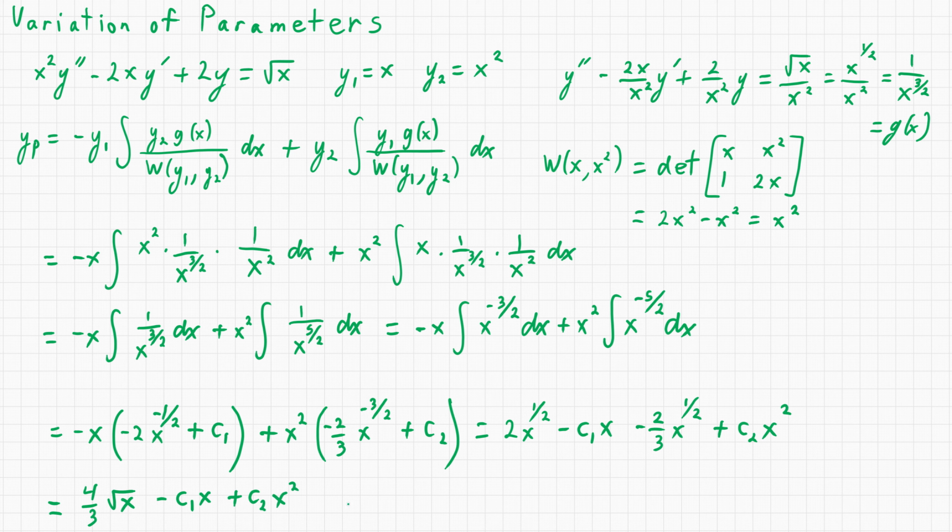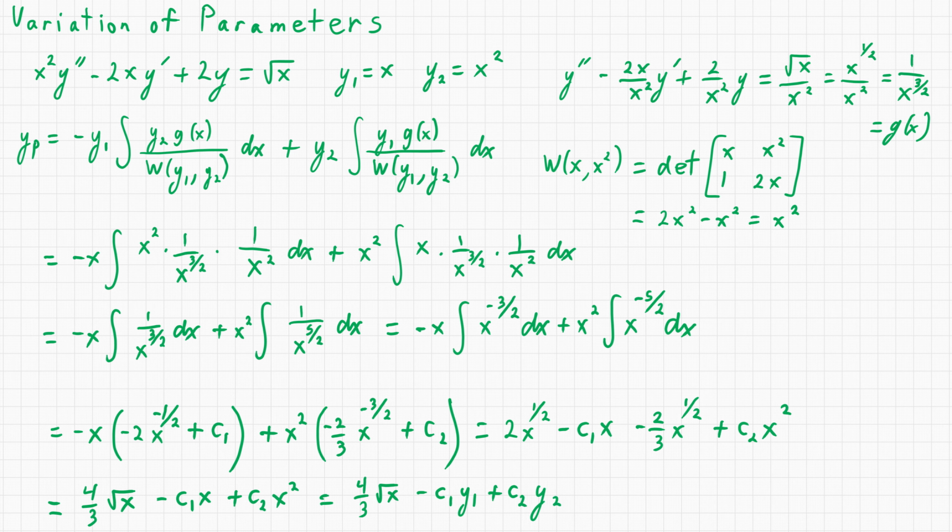If we look at the last two, we actually get the entire solution at once, plus the homogeneous, right? The 4/3 square root of x, that's the particular solution, but we also got a minus c1 y1, then a plus c2 y2.